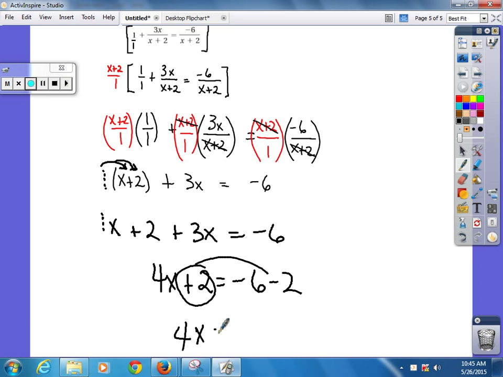You are not only a good-looking class, but you're a smart class. Okay, guys, y'all not good looking. Y'all feel the same way about me. All right. 4x is equal to -8. Divided by 4. And x is equal to -2.